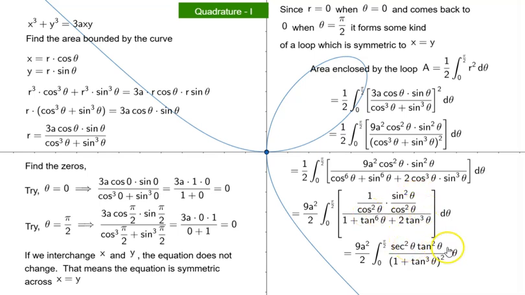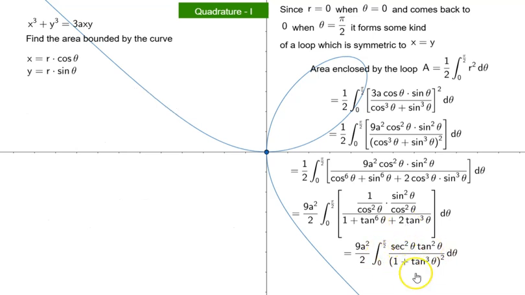Sin square theta by cos square theta is tan square theta. And this we can write as 1 plus tan cube theta, whole square. Let's briefly open it up and see whether it matches. 1 square is 1, 2 times tan cube theta plus tan to the power of 6 theta, which is what the denominator is here.